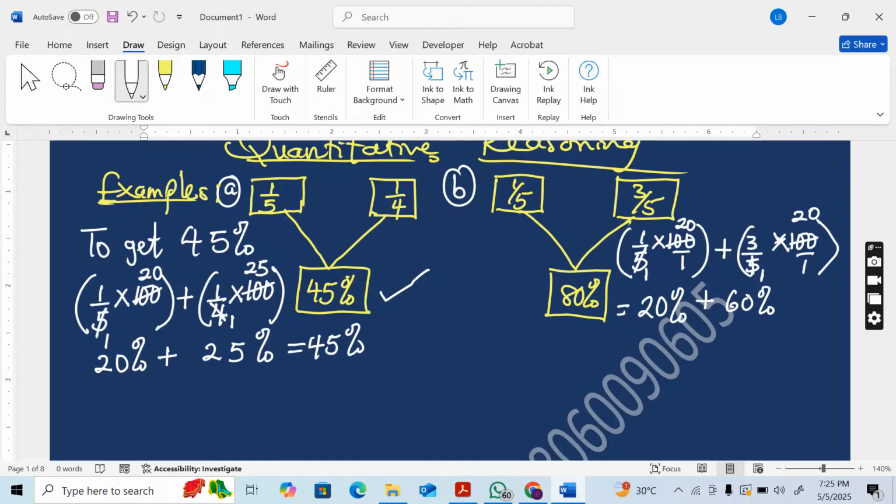So the first fraction gave us 20% and the second fraction gave us 60%. When you add 20 and 60% together, you will have 80%. That was how we got 80%. So it means that the method that was used for example A works for example B.